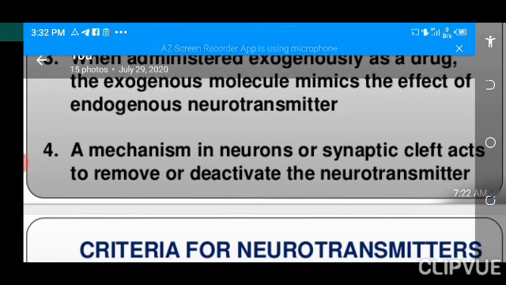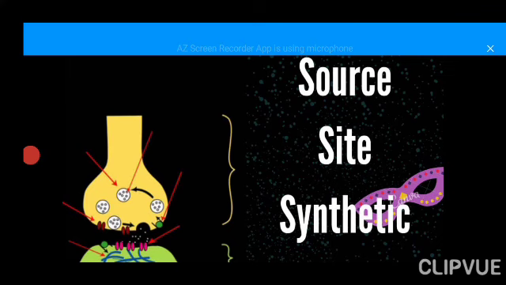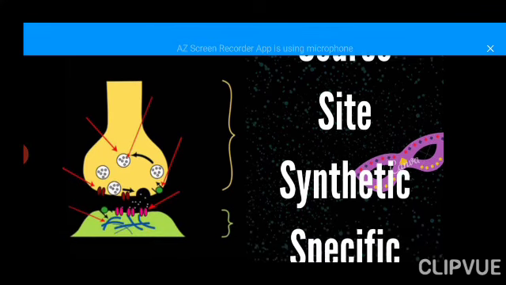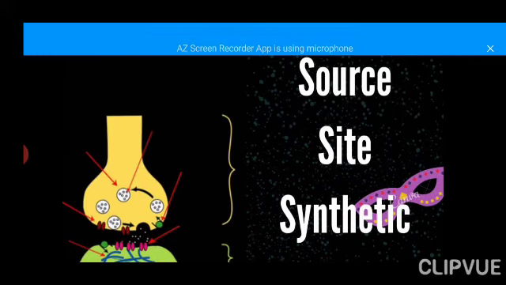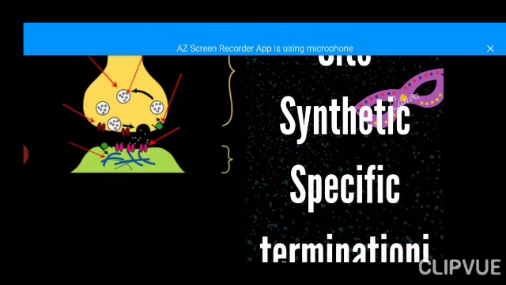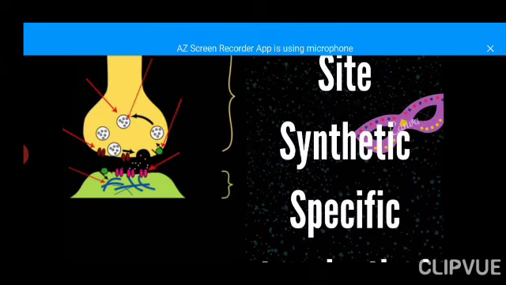We must understand the mechanism of their inactivation. So now the criteria into 4S: source, site, synthetic form, specific termination mechanism.